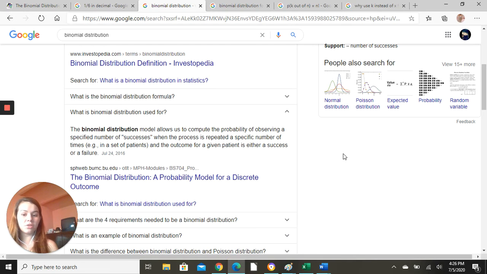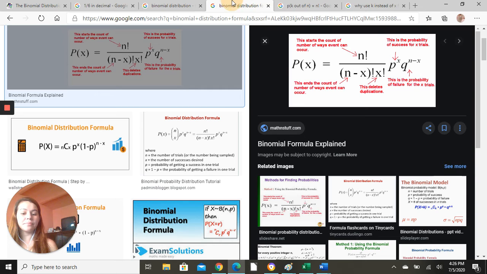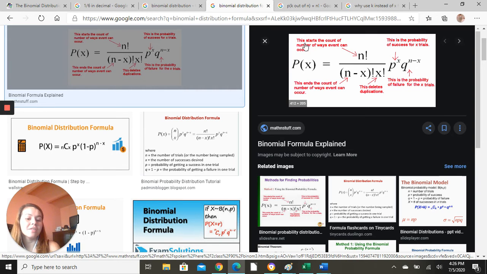And just to let you guys know, there are a lot of formulas, but I just want to explain how the binomial formula works. The n choose k part counts the number of ways the event can occur. This deletes duplications, and this is the probability of failure for the x trials.